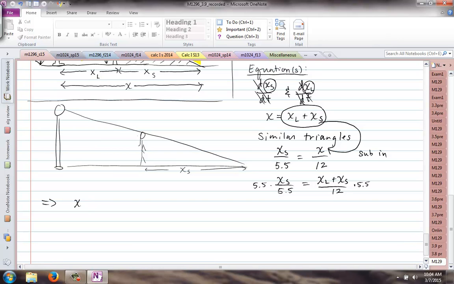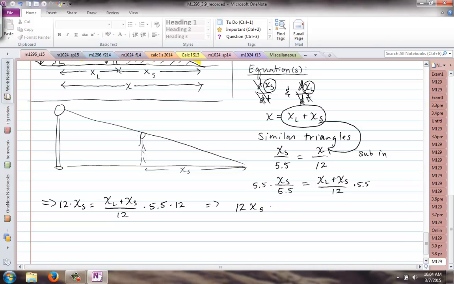And then what I'll have is x sub s is equal to x sub l plus x sub s over 12 times 5.5. So I'm also going to clear the 12. I guess I could have done that one step, but that just gets rid of the fractions.